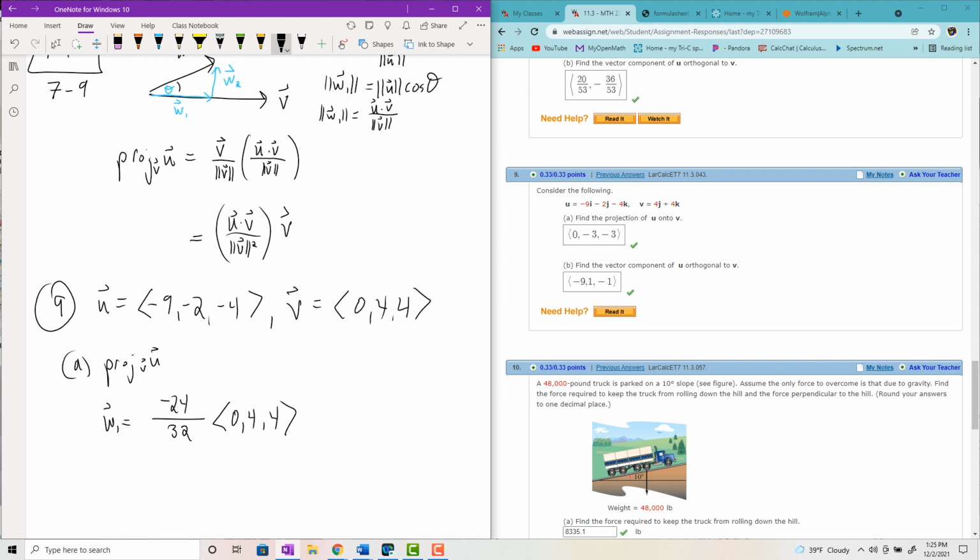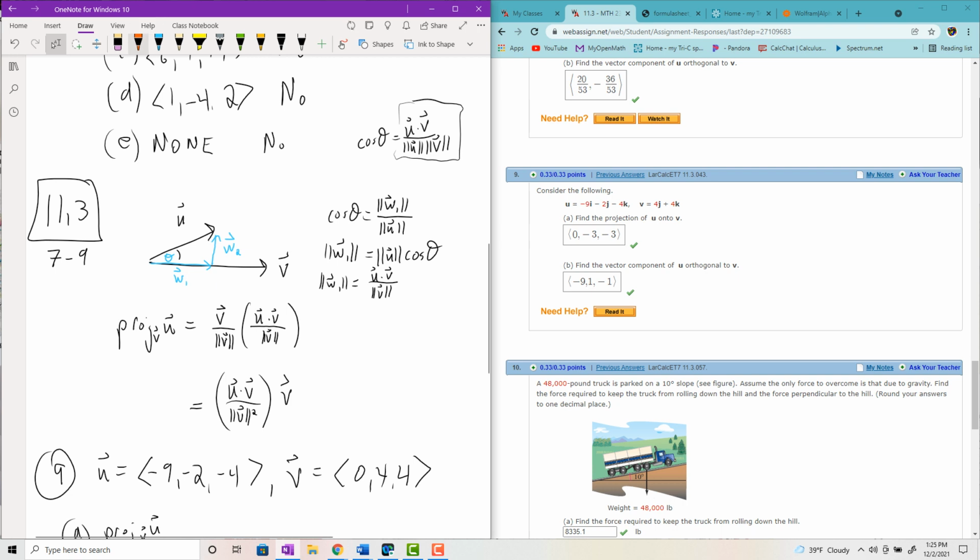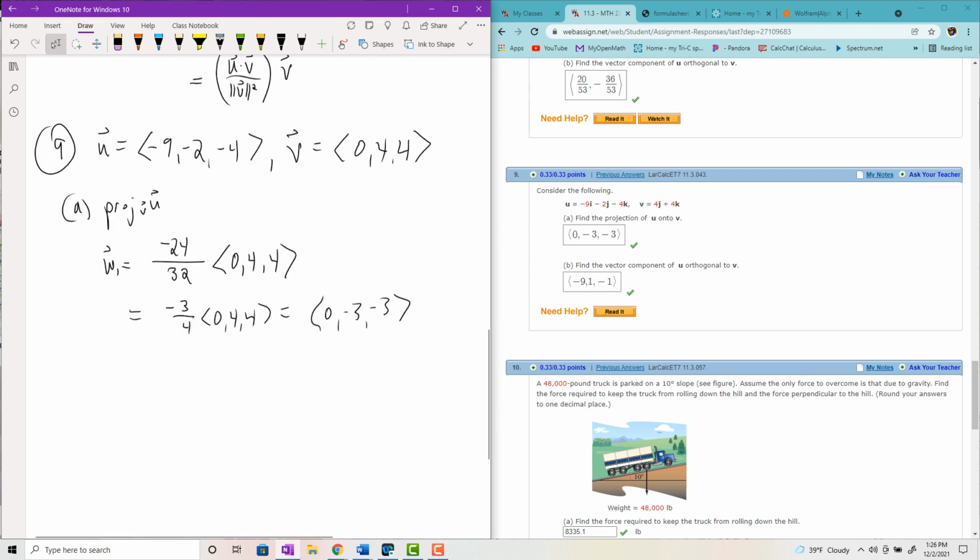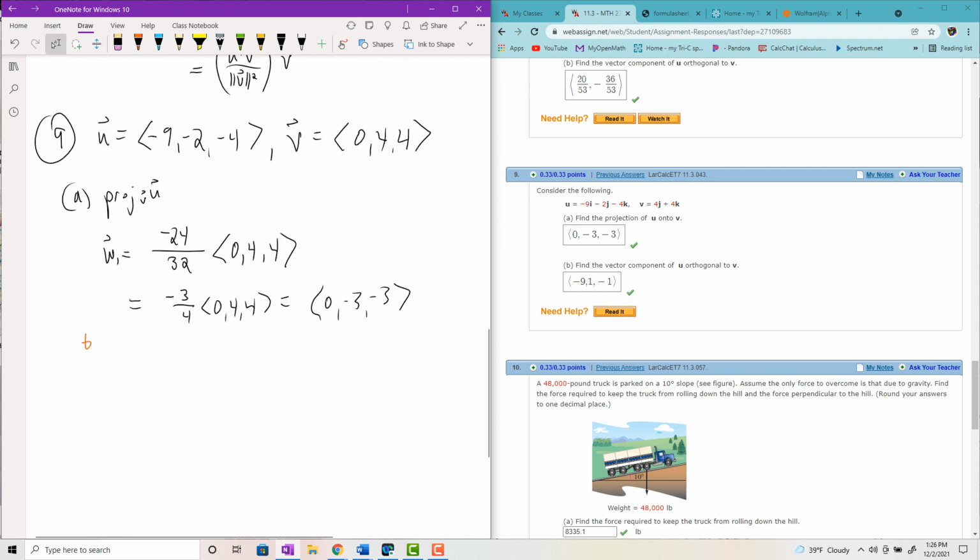Let's reduce this a little bit. I get negative 3/4 times 0, 4, 4, and multiplying by the scalar, I have 0, negative 3, negative 3. To get the other component, W2, note from my original picture that W1 plus W2 equals u. So part B, they want that orthogonal vector.